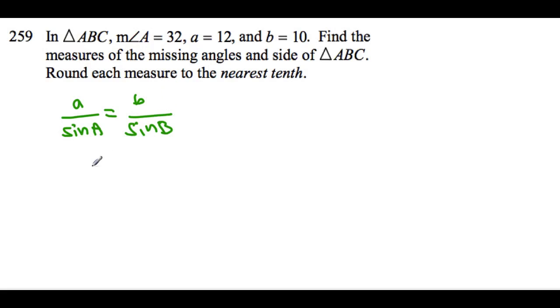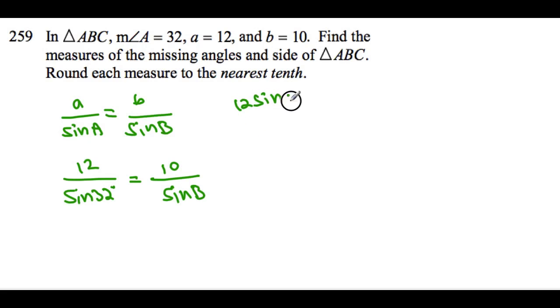Here we end up getting 12 over sine of 32 degrees is equal to B over sine of B, where B is in fact equal to 10. Then we can cross multiply, and we get 12 sine of B must be equal to 10 sine of 32. And obviously we can divide by 12.